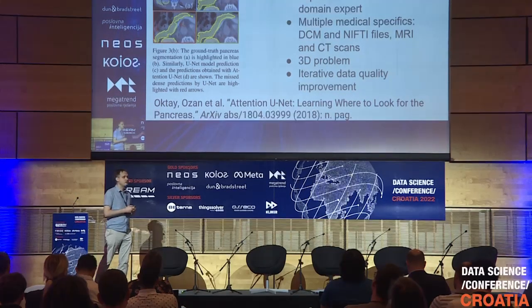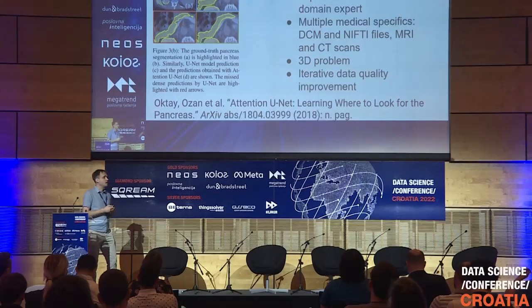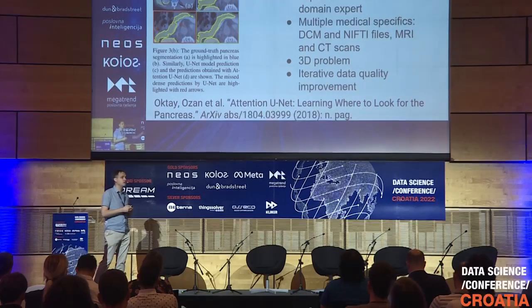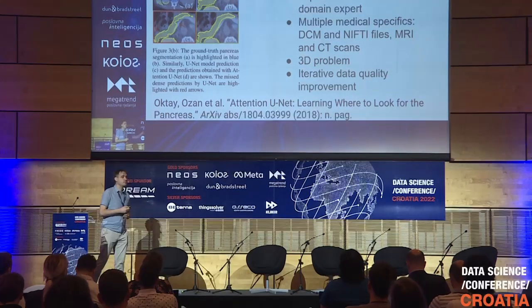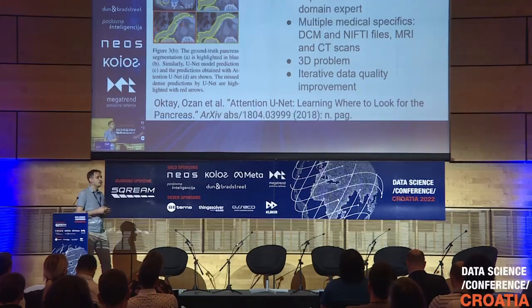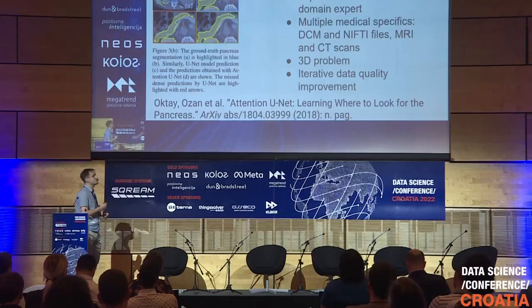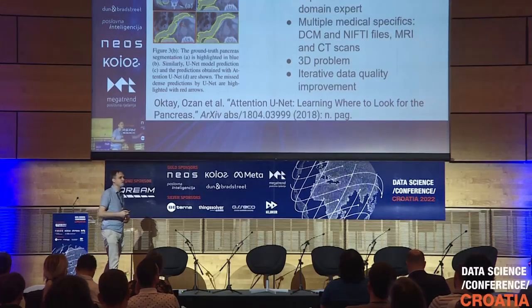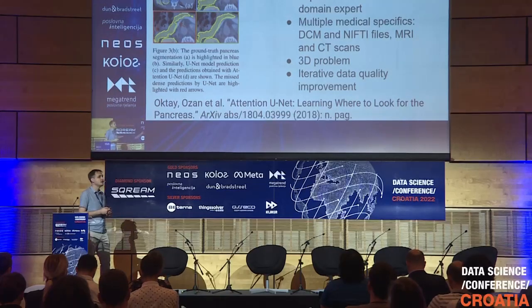Here I'm illustrating another project that I did, and this was especially a great project for me to work on. I liked it a lot, so I was collaborating with a domain expert. He's a radiologist in the United States. And basically he was very interested in segmenting internal organs. So I'm just showing this for illustration. I'm not showing everything because of NDA agreements, so that's rather typical when you work with clients.